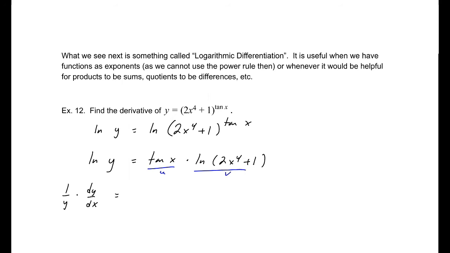So the derivative of the first is secant squared x times natural log of (2x^4 + 1), plus v prime, which would be 8x cubed over (2x^4 + 1), times our tangent.